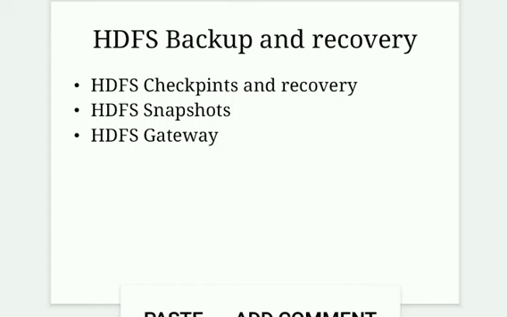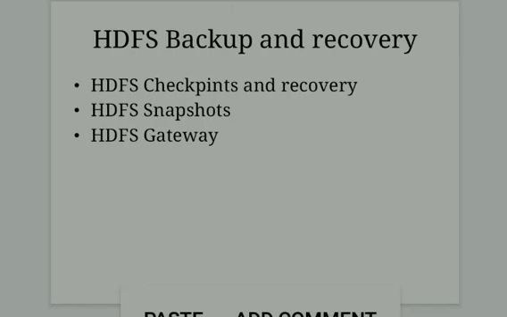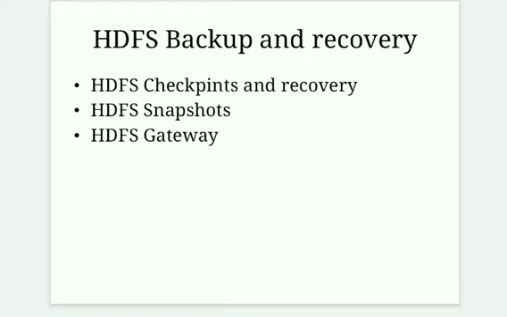I want to mention one thing: a name node supports only one backup node at a time. So the backup node is where your data is stored in your disk and memory.